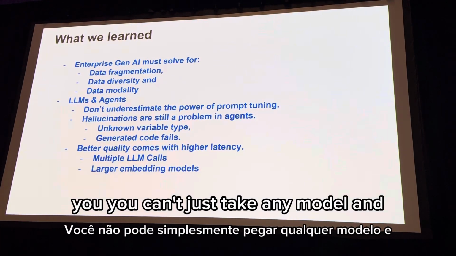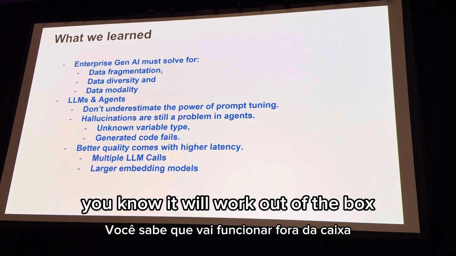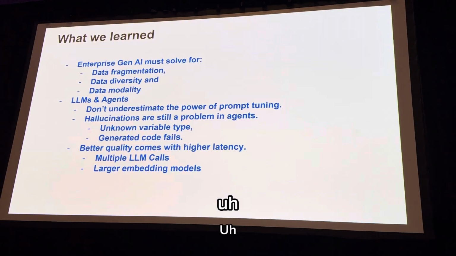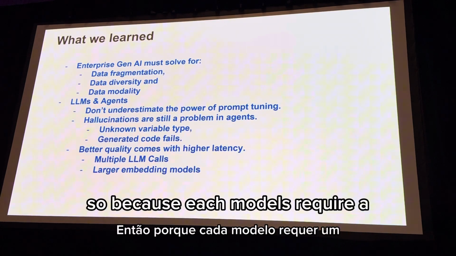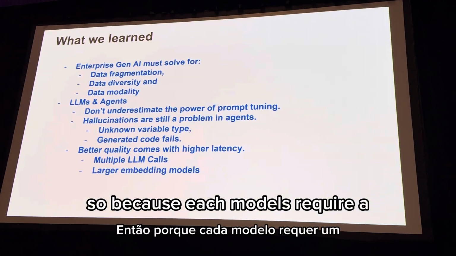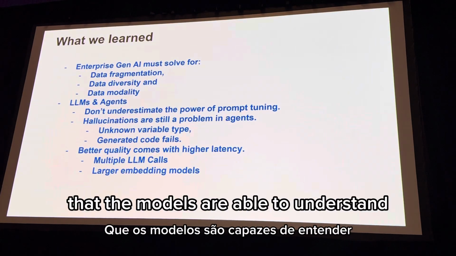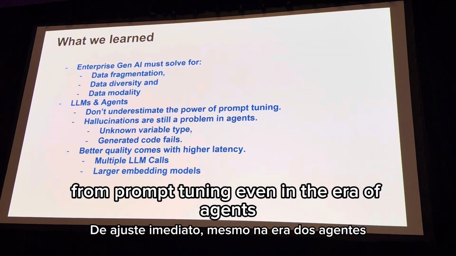And you can't just take any model and expect it to work out of the box. For example, if you build an agent for GPT, you can't use that on Llama models, because each model requires a very specific way of writing prompts that the model is able to understand. So don't underestimate the power of prompt tuning.